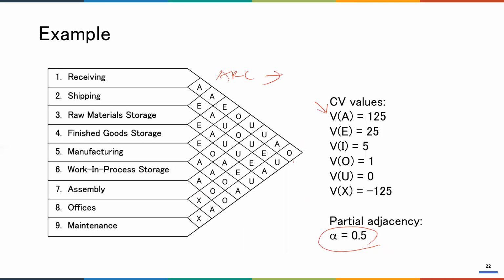So we need to find which department has the A relation with department 7. It can be department number 9, 6, 5, or 4.